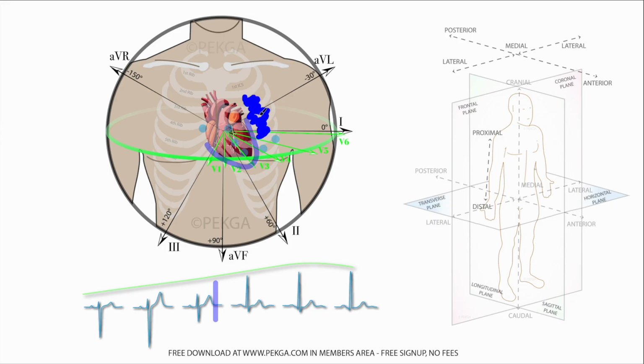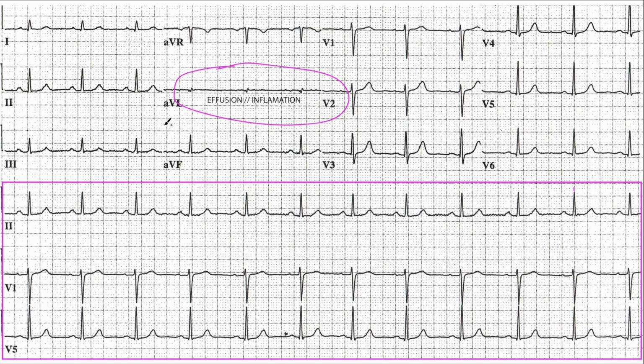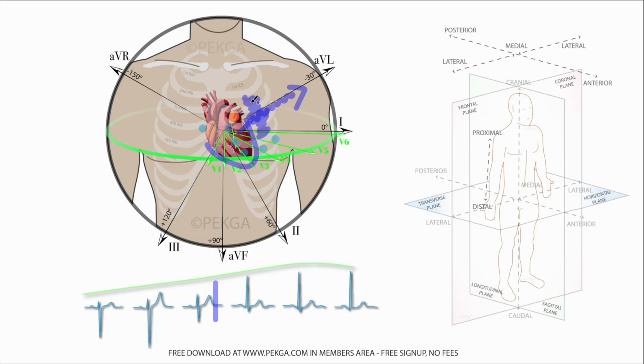If you had unwanted fluid buildup, the signal coming from the heart would have a hard time reaching this electrode, and it might show up as low voltage. So do not ignore this. Do not, I repeat, do not ignore this. It could be mechanical, but I would not ignore this at all.